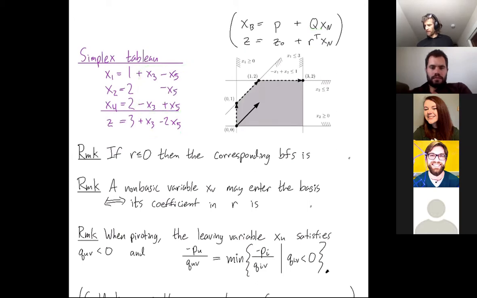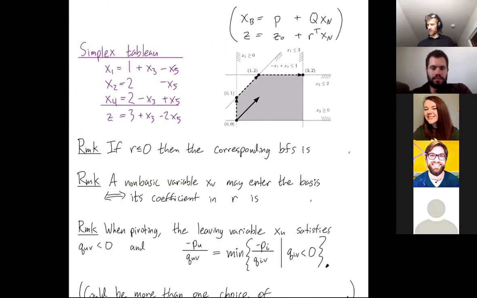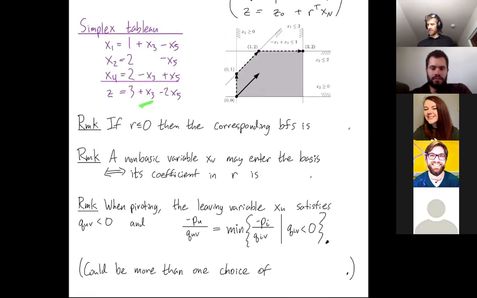So if R is non-positive, if none of these coefficients are positive, then you can't improve your optimization function Z by increasing any of your non-basic variables. So if R is non-positive, then the corresponding basic feasible solution is optimal. You're done. You've solved the problem.